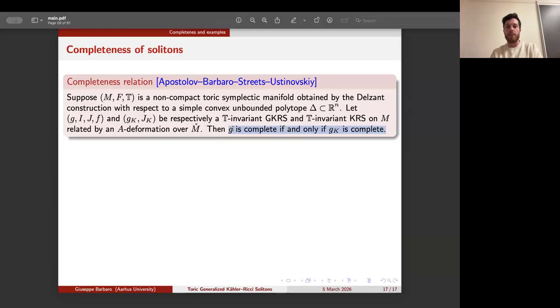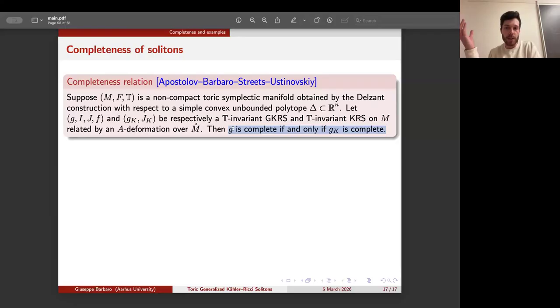Here, with this Delzant condition, you have these two structures which are linked by the A-type deformation on the interior of the manifold, corresponding to the interior of the polytope. And you already checked that you can extend both, and then the point is that one is complete if and only if the other one is complete.